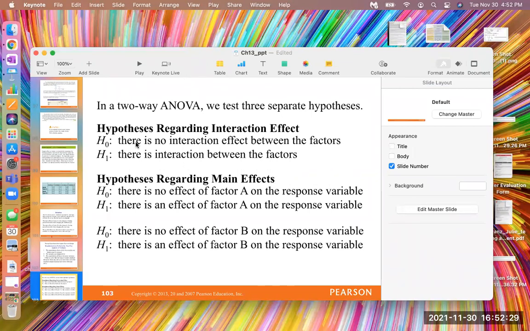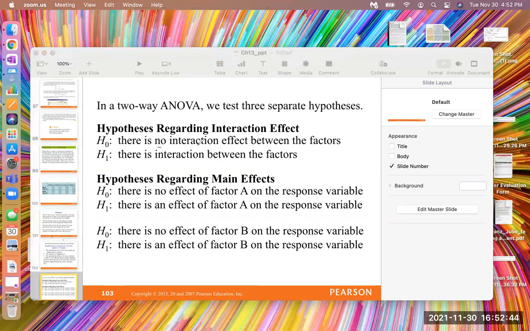Factors might be a certain type of drug, right? And the same thing with interaction. We don't want to assume that there's interaction between two variables. So to help you remember these hypotheses in this ANOVA test, there's no interaction in the null hypothesis here, and no effect in both of those factors. Okay, just to help you remember these.